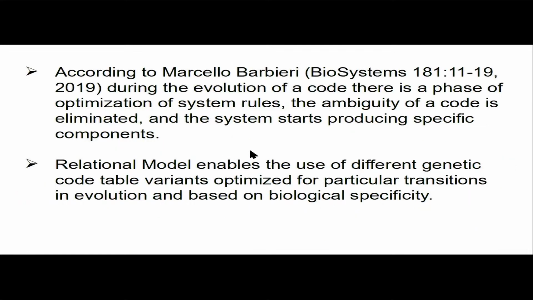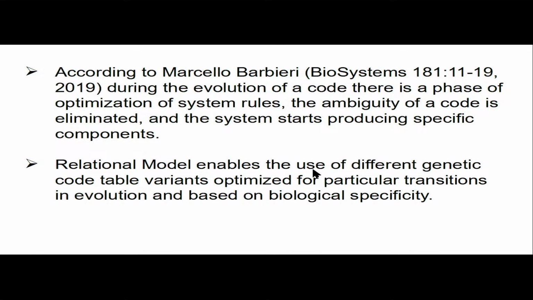According to Barbieri, during evolution there is some optimization of system rules, the ambiguity is eliminated, and the system starts producing specific components. As we have seen, the relational model can be used for such differentiation.